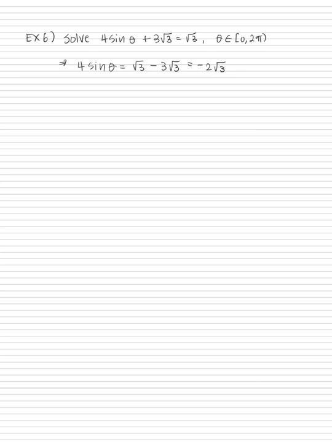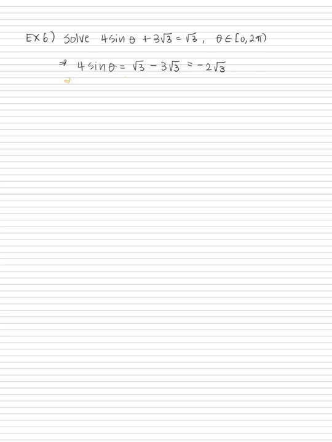Okay, remember there is a little invisible 1 sitting here. So this is the same thing as what? Factoring out the square root of 3, and then you just basically go 1 minus 3. That's how we get negative 2 root 3, in case you're wondering. Let me just erase this. Okay, let's keep going.